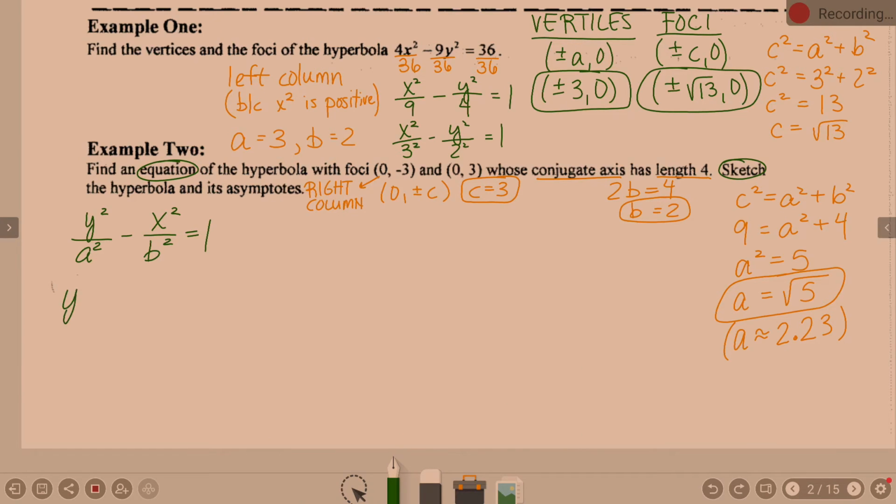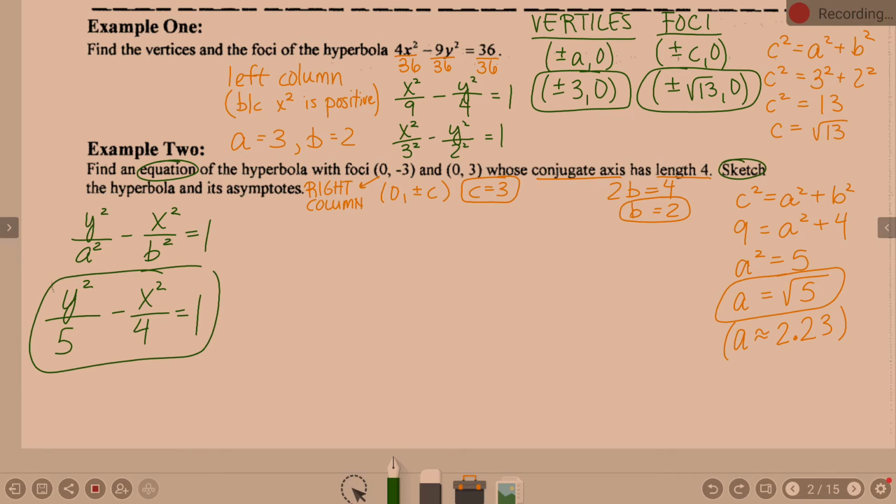So the equation: y squared over the square root of 5 squared, which is 5, minus x squared over 2 squared, which is 4, equals 1.